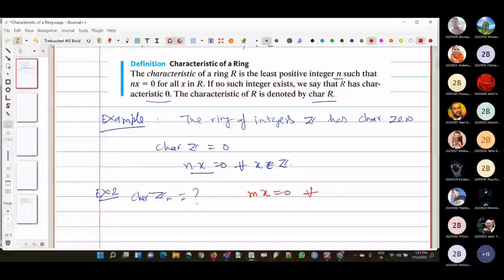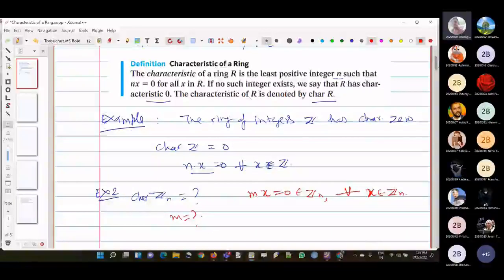This 0 should be in Zn, and this should be true for all x belonging to Zn. So what are the possibilities for m? Of course, m is a non-zero number.